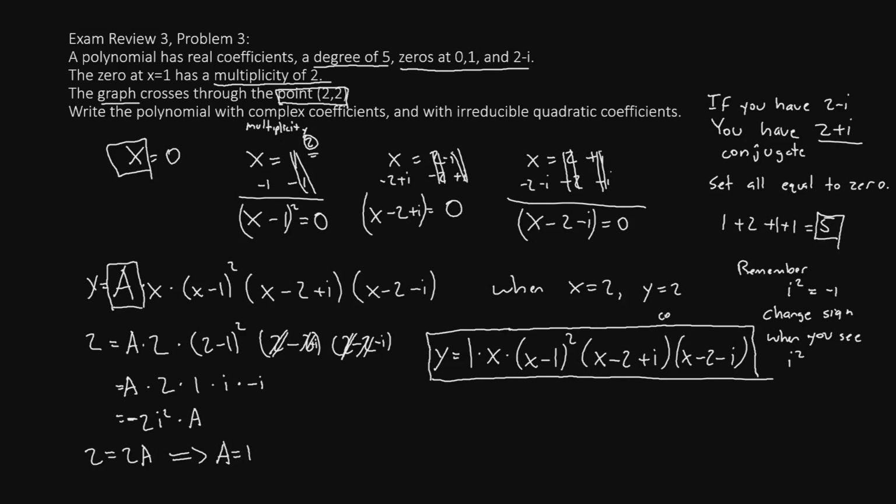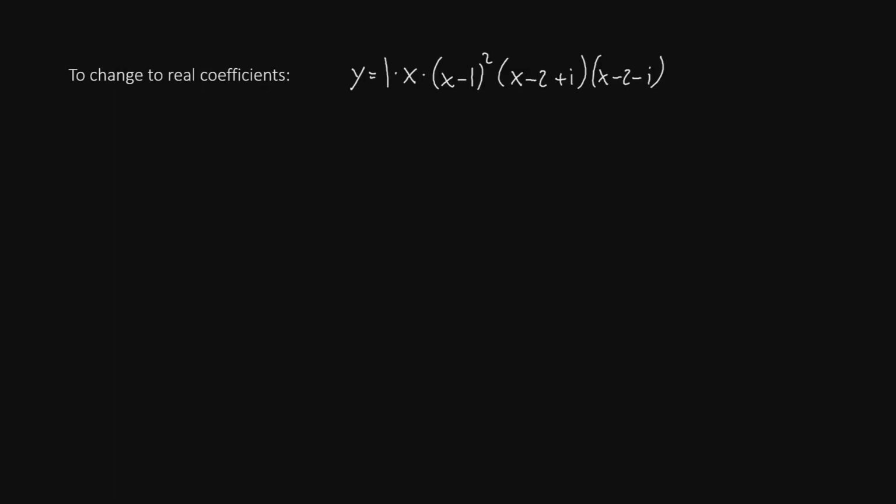So this is what we have when they ask for complex coefficients. To change to real coefficients, we'll have to make some modifications to the complex equation we just found. The shortcut I like to use is to put a second set of parentheses around the x minus 2 in the first positions here. Okay? You might notice that this looks like a difference of squares.